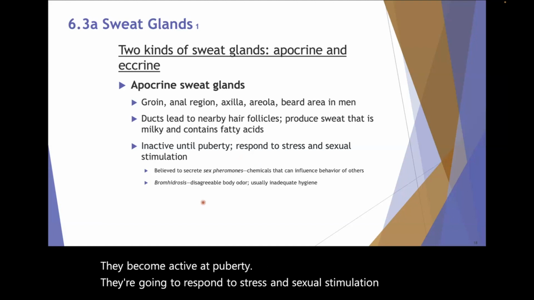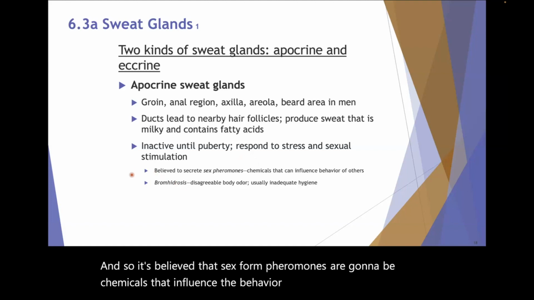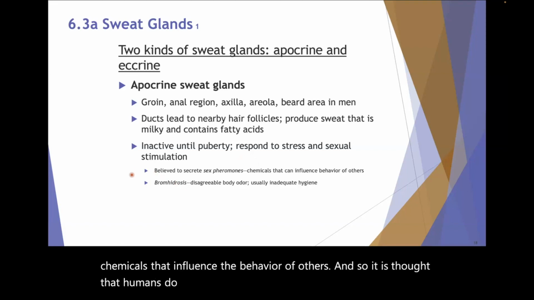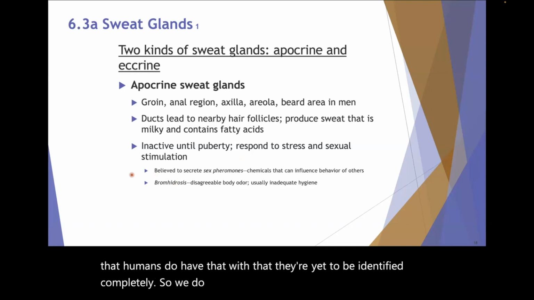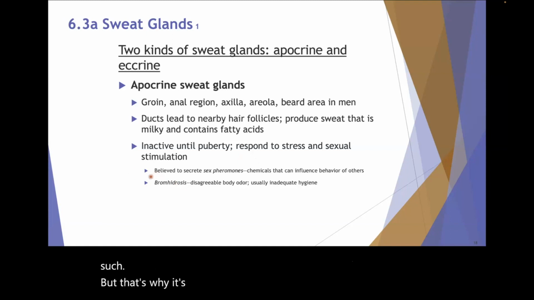It's believed that sex pheromones are chemicals that influence the behavior of others, and it is thought that humans have them. They're yet to be identified completely. We do know about pheromones in other animals, which is why it's believed.